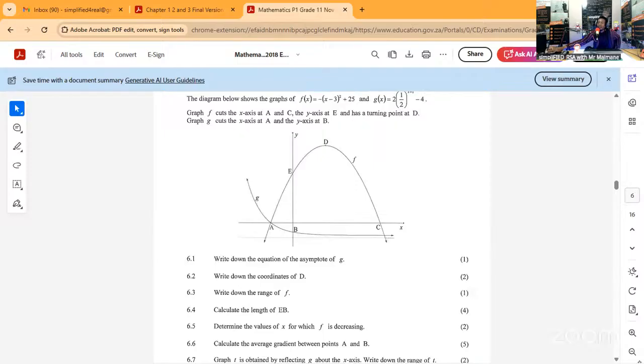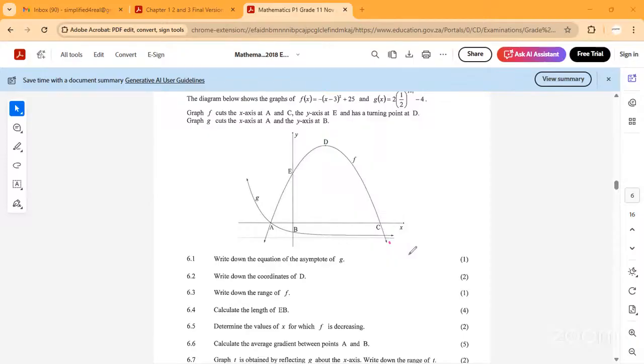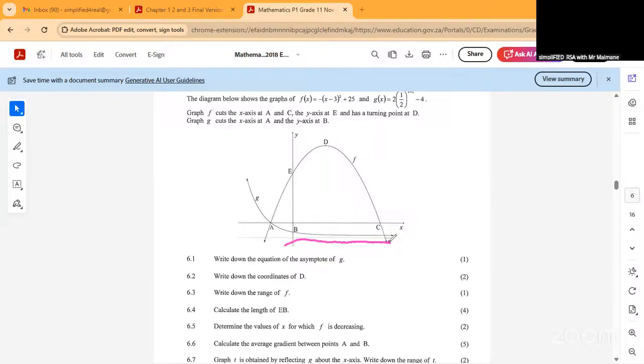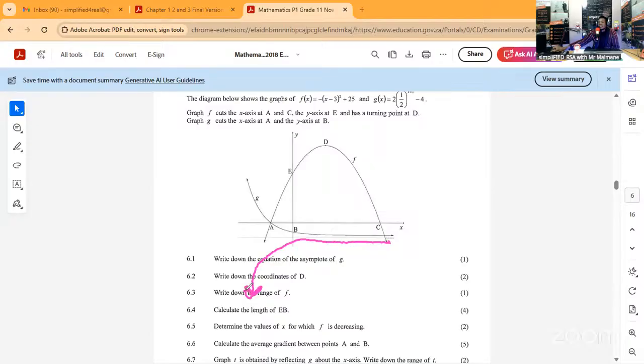If it rotates, if T is obtained by reflecting G about the x-axis, it would be here. And then it was going to turn here and go in that direction. The way G is drawn is not so accurate, but it's like that, right?